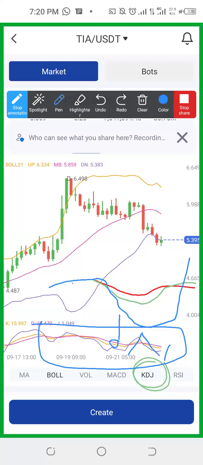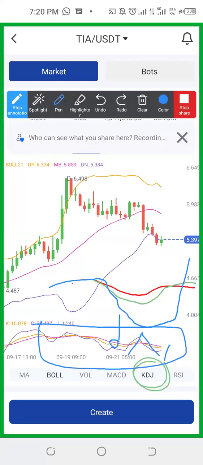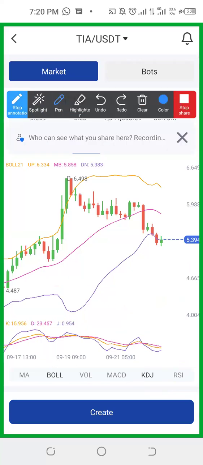So what we are after is when this blue line that is coming down like this, are you not seeing a line coming down like this?